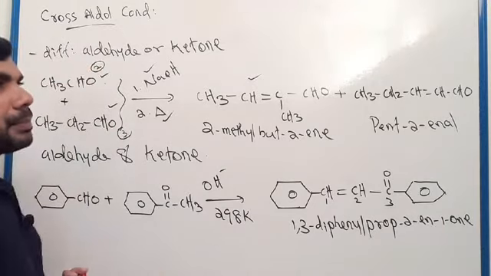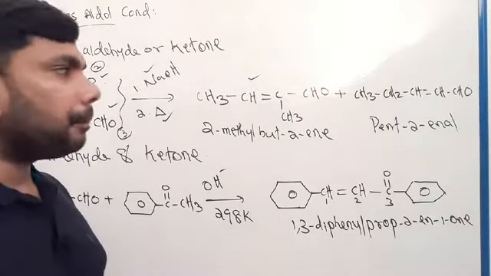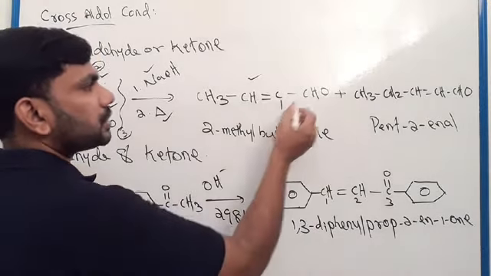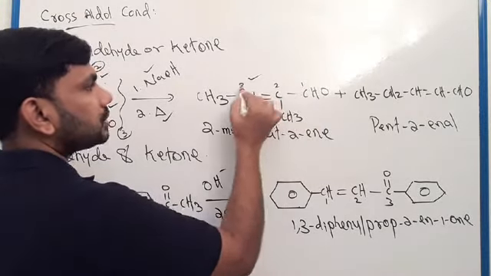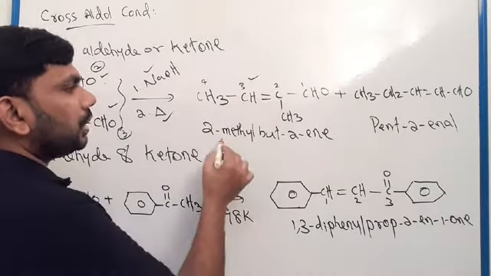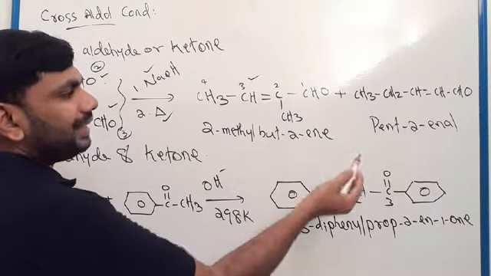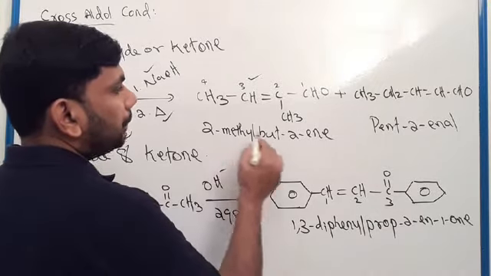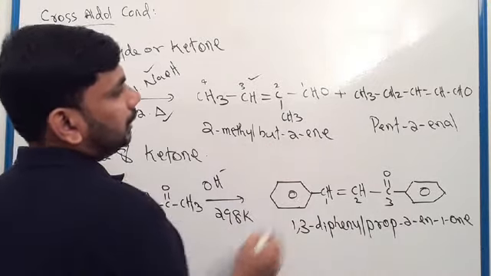So one is the major product and another one is the minor product. To name this one we have to number in this direction. 2-methyl-butene.